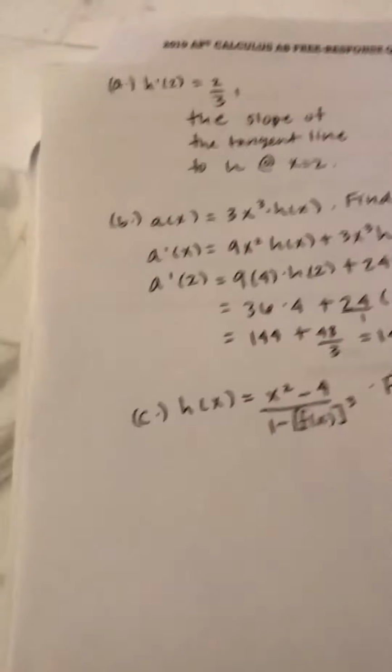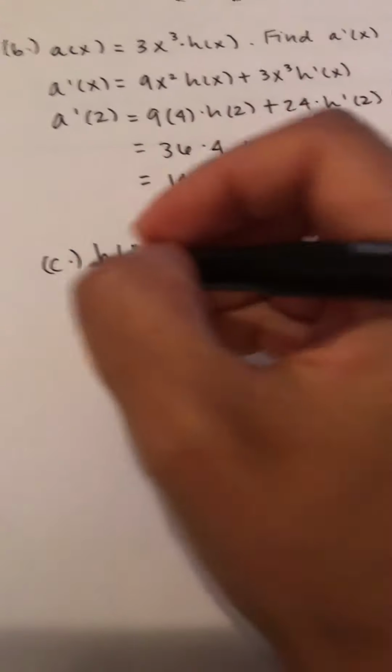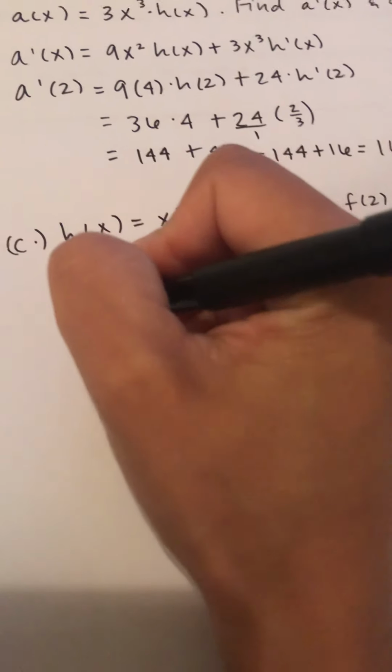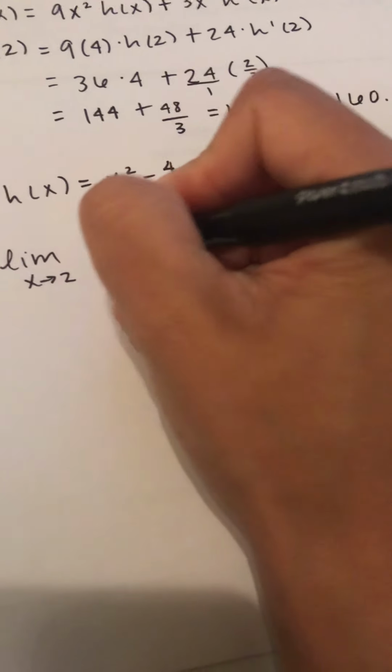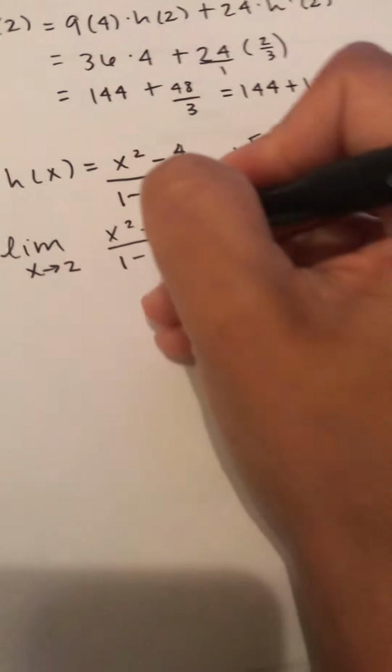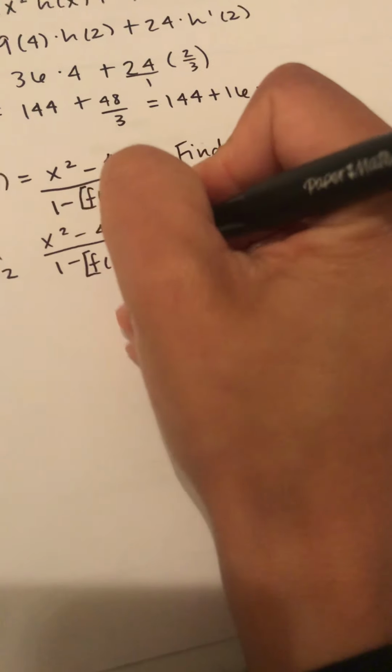Okay, so first thing I did is try to find the limit of this function. So I have the limit as x goes to 2 of h of x, which is x squared minus 4 over 1 minus f of x, all of that is cubed.